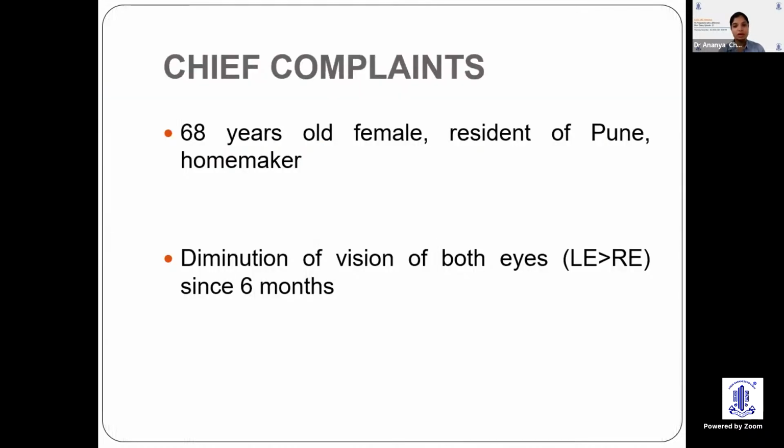A 68 year old female, resident of Pune, homemaker by profession, informant is self, and reliability is fair, presented with the chief complaints of diminution of vision of both eyes, left eye more than right eye, since the last 6 months.